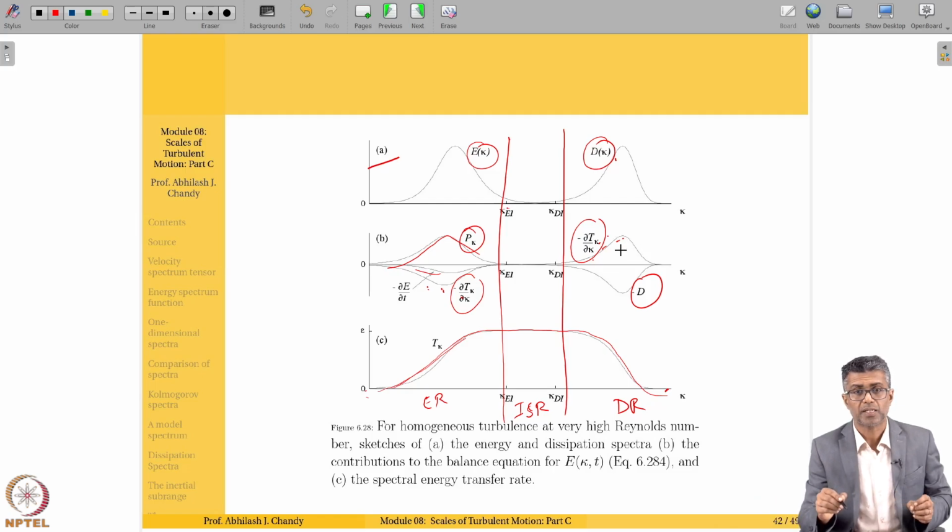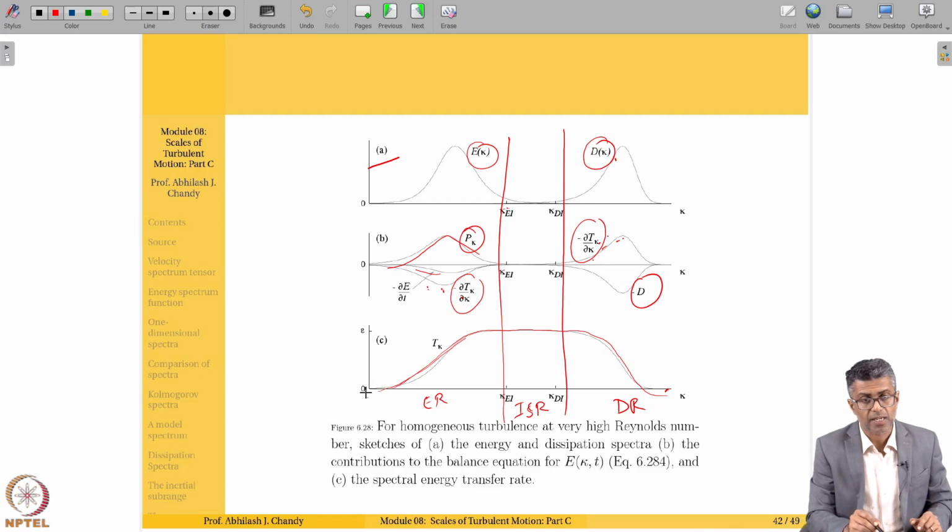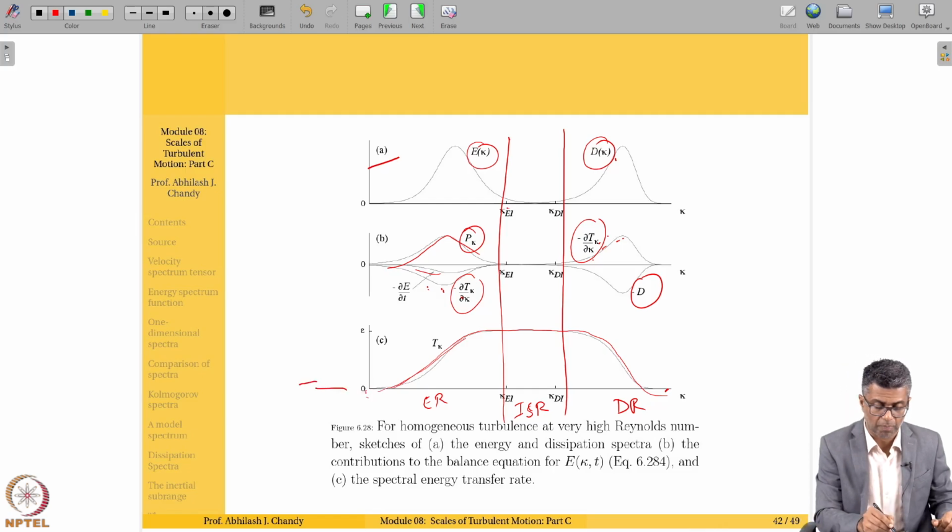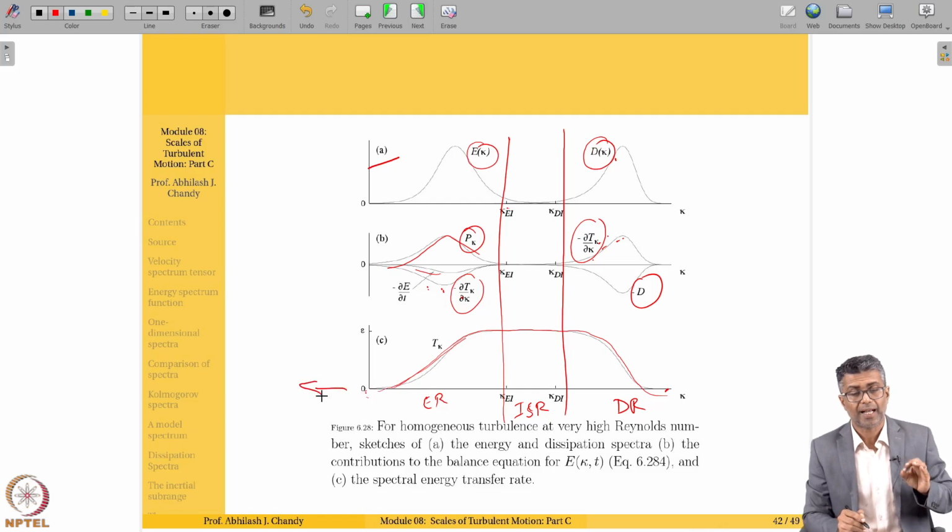Now this minus del T del K is flat-lined, almost zero, in the inertial subrange. That is because if you take the energy transfer rate, it starts increasing from zero, and we know that it increases from zero because there is nothing below the lowest wave number of zero. So it would start from zero. It has only one way to go but up.